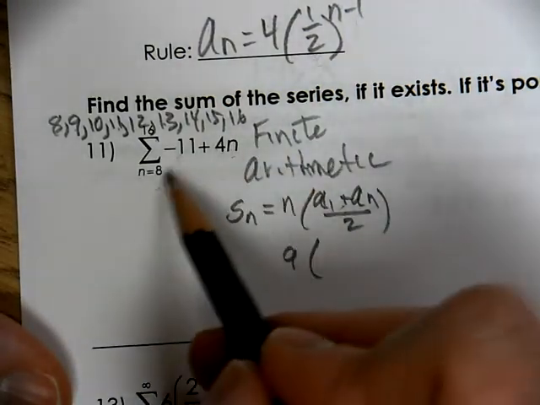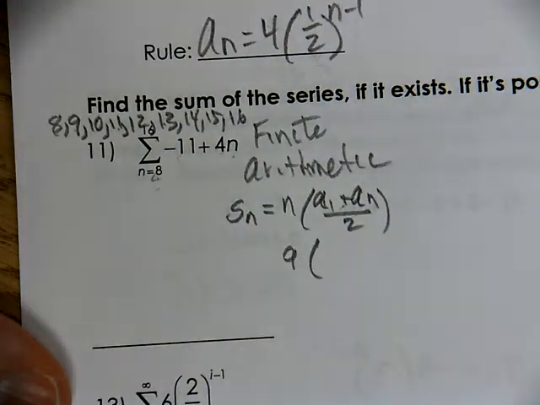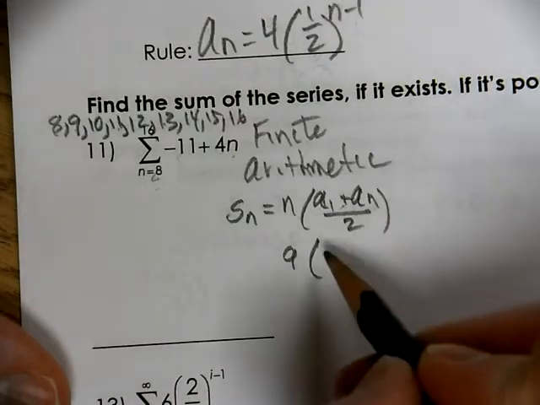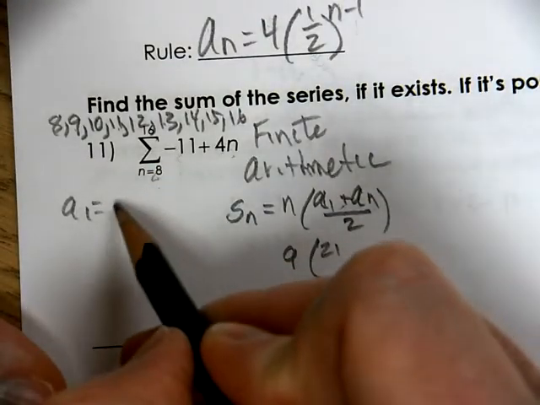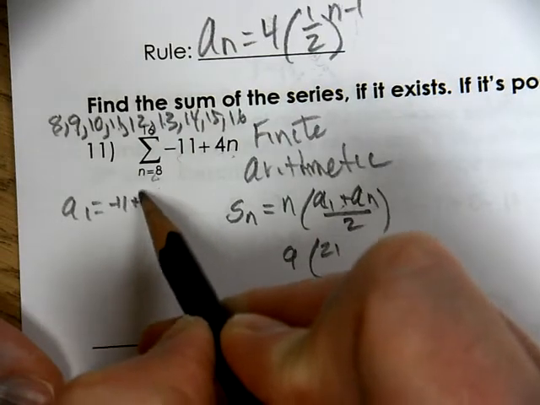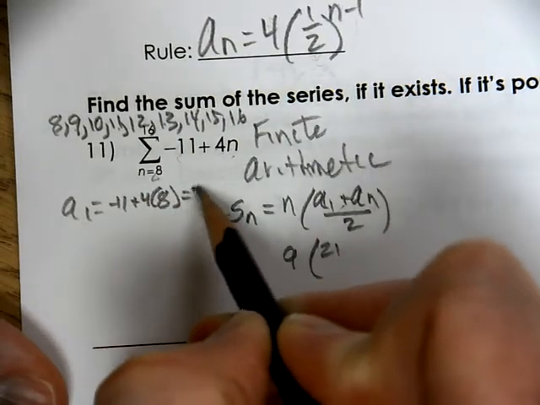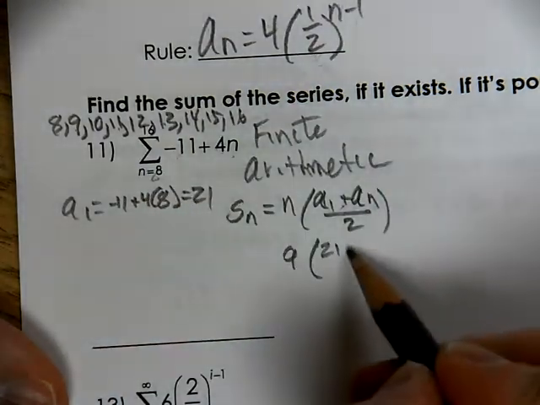Our first term is when we plug in an 8. So we have negative 11 plus 4 times our 8. So that gives us 21. Our a of 1 is negative 11 plus 4 times 8, which is 21.